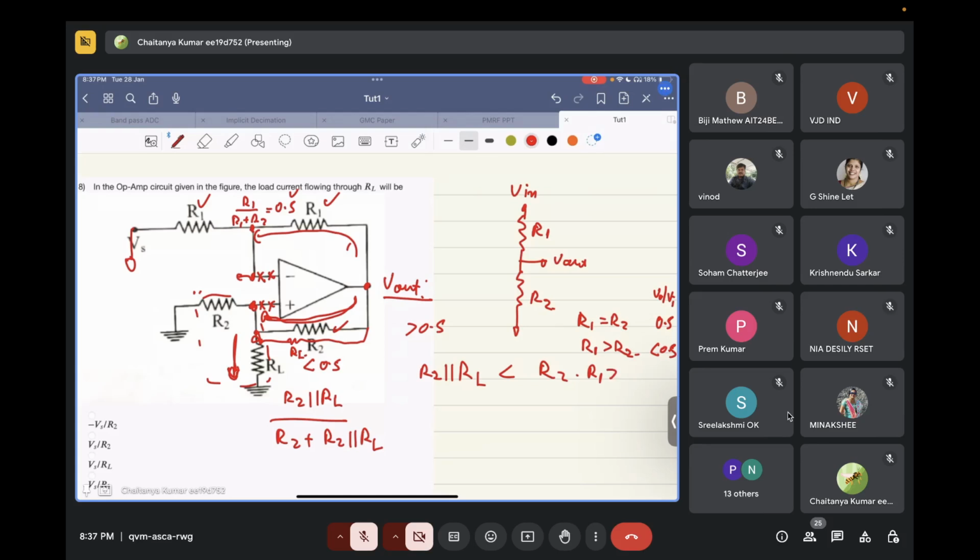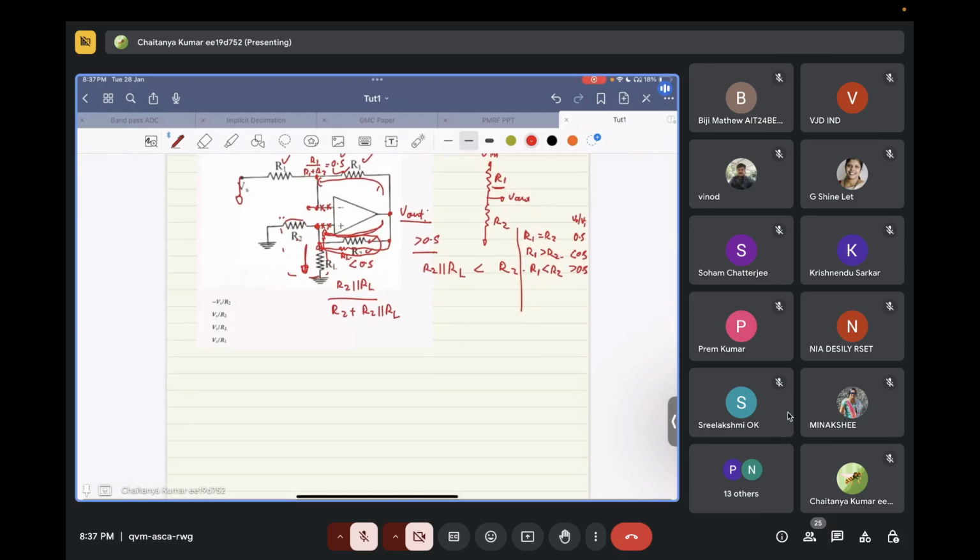If R1 is less than R2, Vout by Vin is greater than 0.5. So you can just remember this. If RL is connected in parallel to the feedback resistance, then this resistance will become smaller than R2. In that case, Vout by Vin will be greater than 0.5. However, here it was 0.5. In that case, the op amp would have become positive feedback instead of negative feedback. But anyways, since here the op amp is still in negative feedback, we can try to solve this question using virtual short.